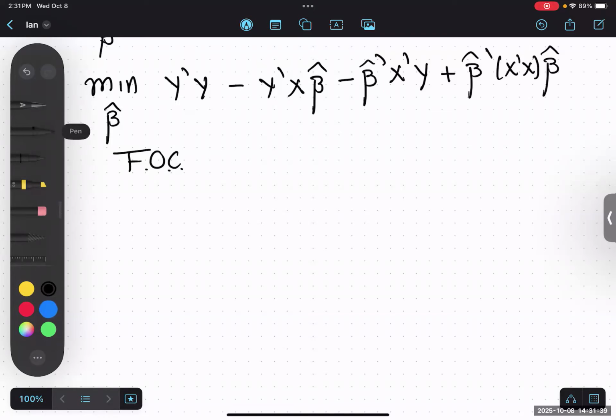So you're taking the derivative with respect to beta hat. So here you don't have beta, which means that derivative must be 0. Now what about here? Well, there you have beta, and the moment you take the derivative of that second term with respect to beta, things are pretty much similar to regular calculus. It's just negative y transpose x.